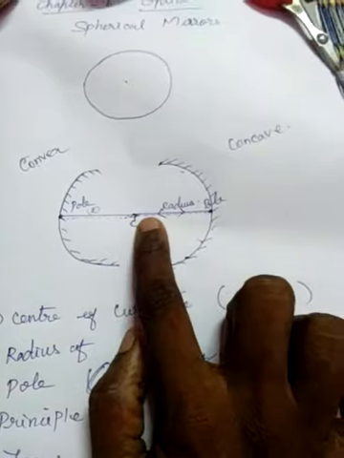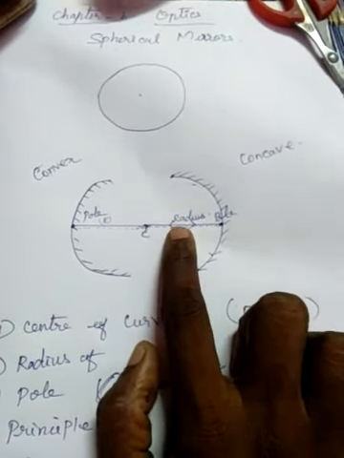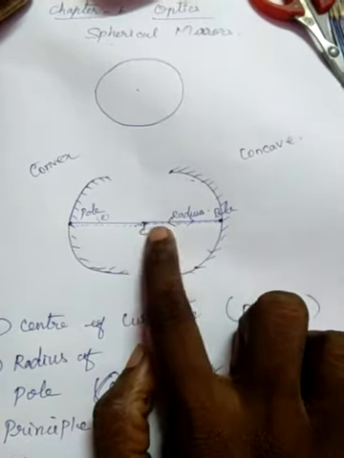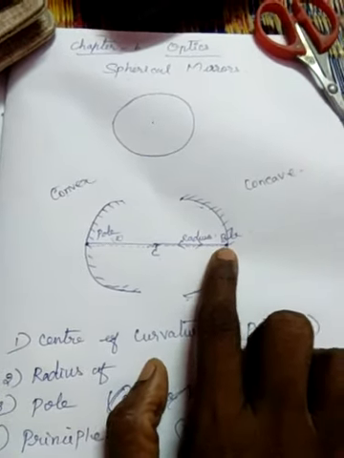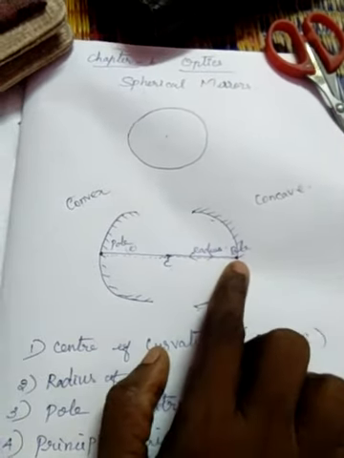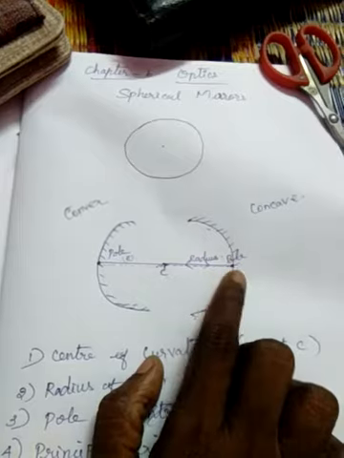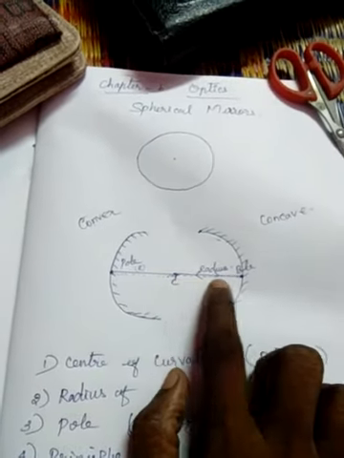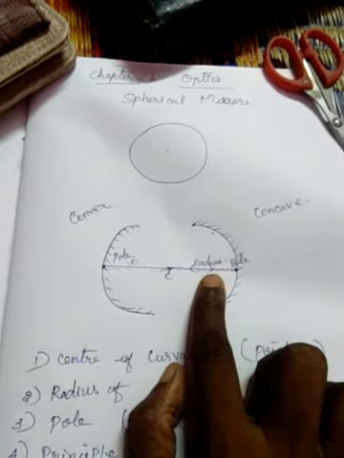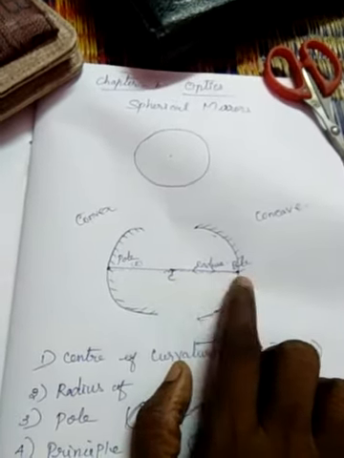When they fall on the mirror, they are immediately reflected back along the same path. This is called the optical axis or principal axis.